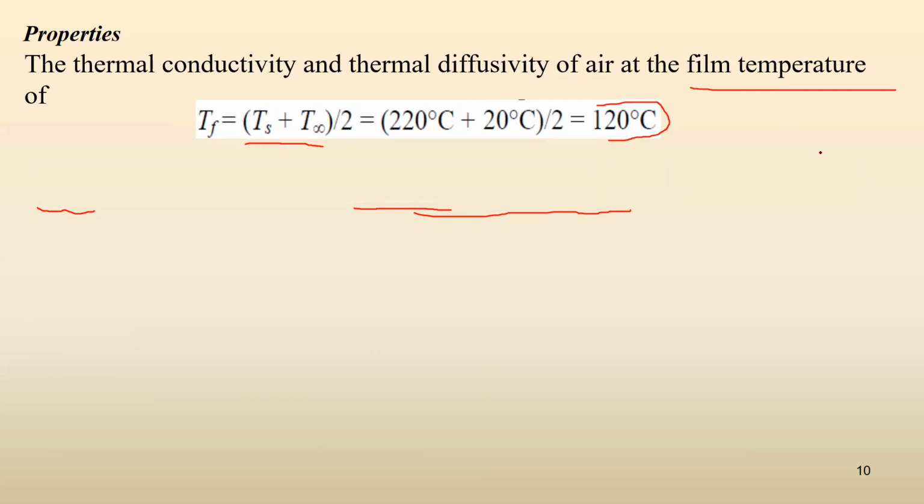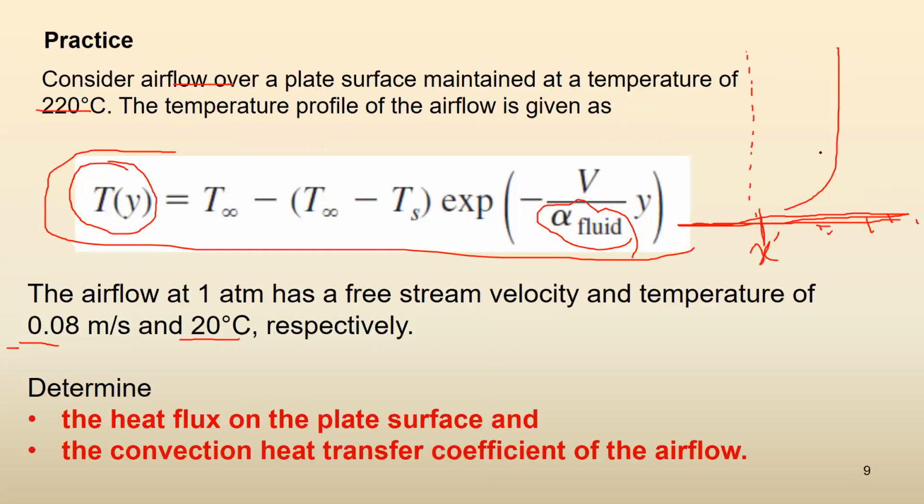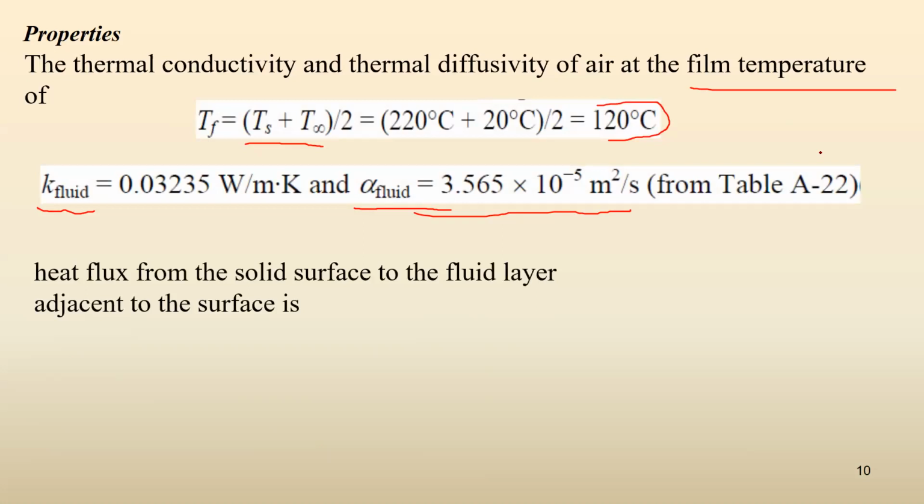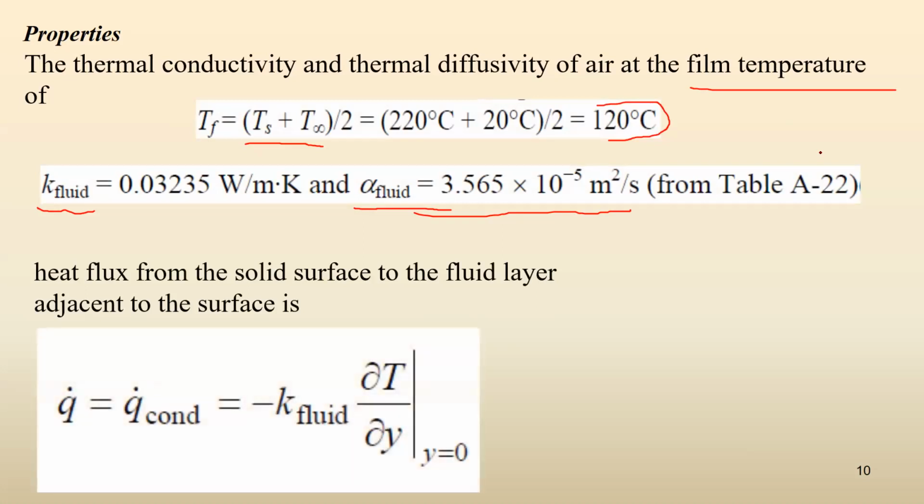Now, we are asked to calculate the heat flux and convection transfer coefficient. If we want to calculate the heat flux, this is our equation, right? Because heat flux at the surface can be calculated using the conduction equation, or Fourier's law, inside the fluid, not the solid material, not the solid surface.